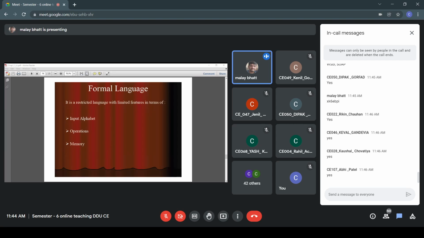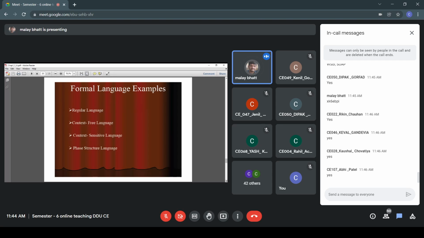And in our subject, to understand the finite automata or any automata, we are using a formal language which has a very limited input alphabet. We have limited operations permitted on that particular language, and in some cases we have very limited memory with us.